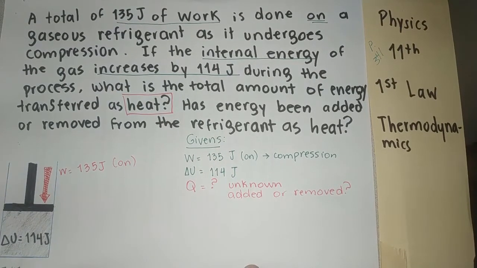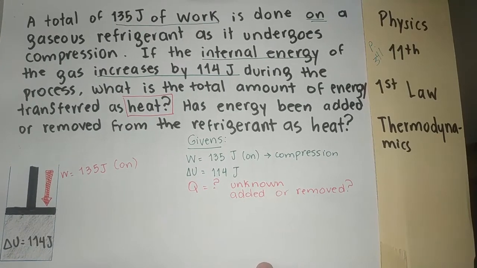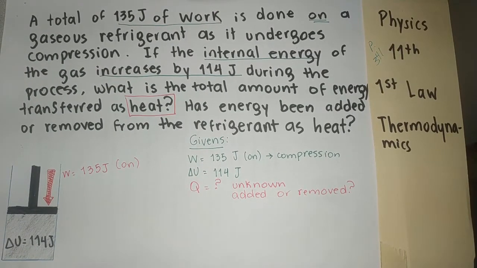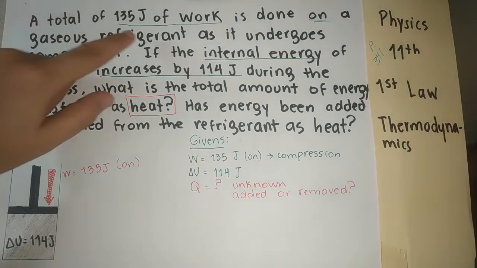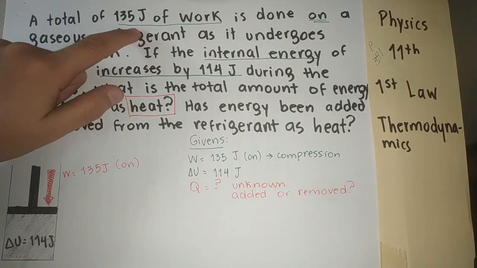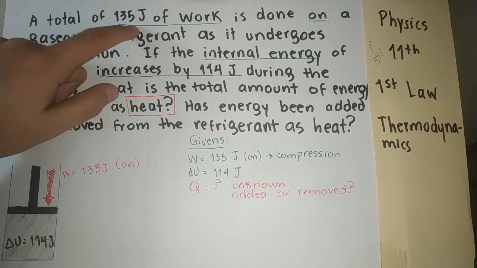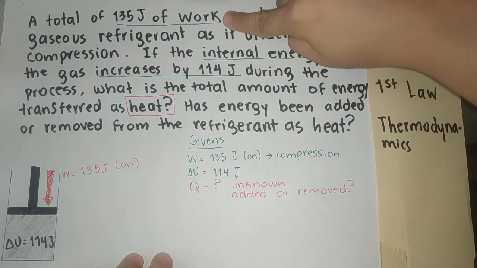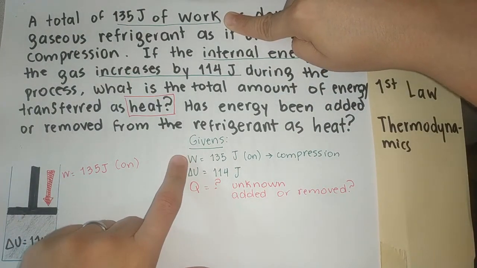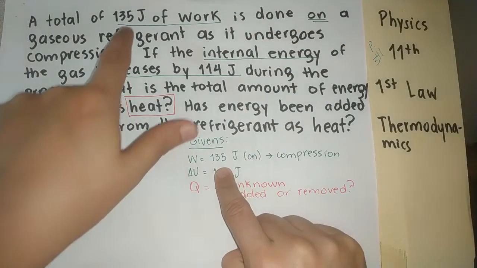So first of all, as I've been telling you all this time, it's very important that we first take out the givens. Now the first given is the work, because it says a total of 135 joules of work. So now you know work is going to be the first given, and it's 135 joules.